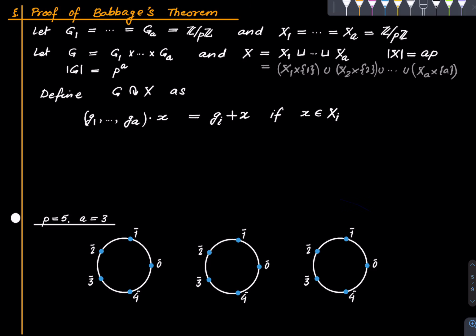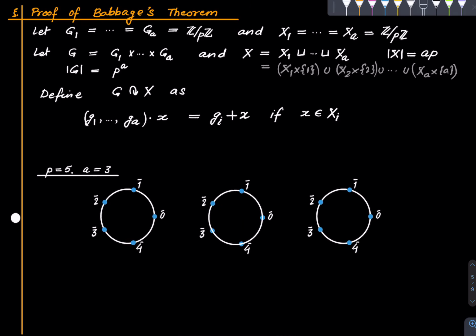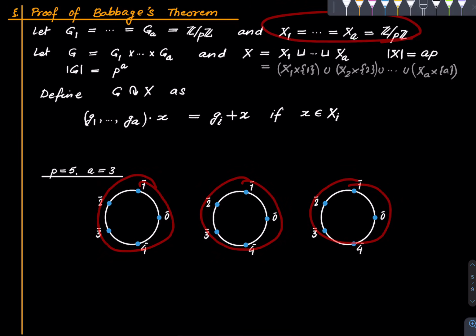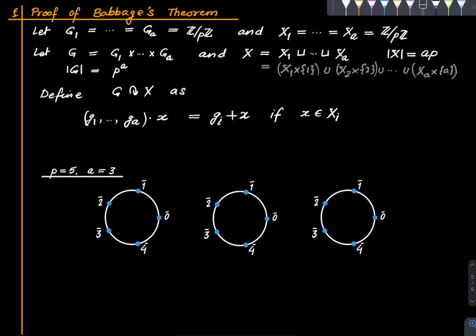Here we have an example where the prime p is equal to 5 and a is equal to 3. So we will make three copies of Z mod pZ. This disjoint union is our set X. And the group is a product which one cannot draw, it's too complicated.